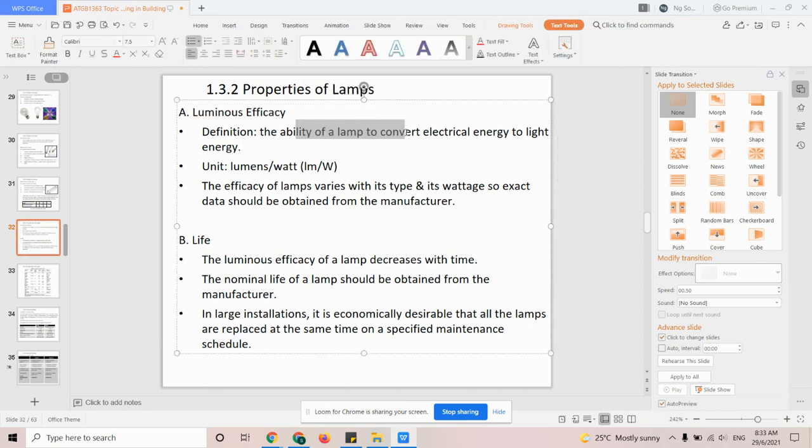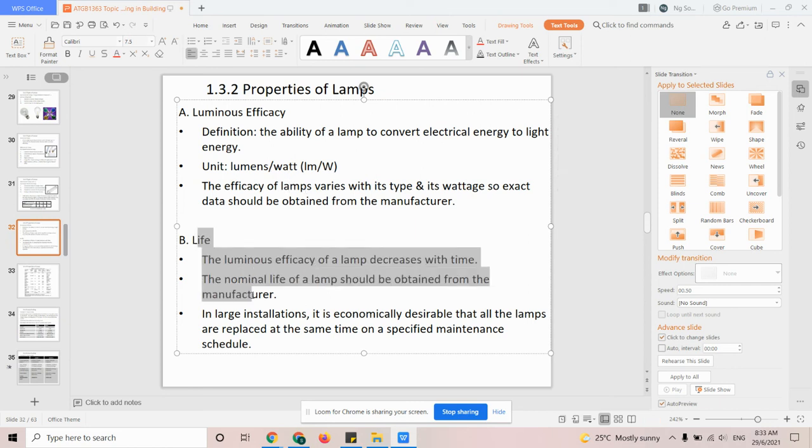So the ability of a lamp to convert electric energy to light. So that's where we get our lumen per watt. Lumen is the amount of light emitted, and then you have your watt, which is the electric energy. So efficiency is basically lumen divided by watt.